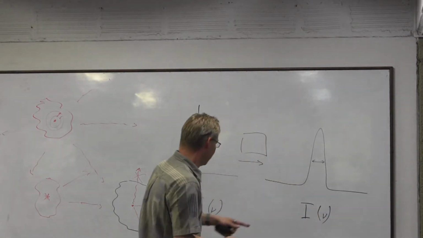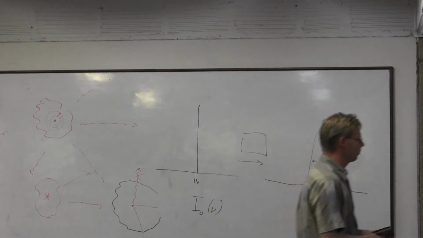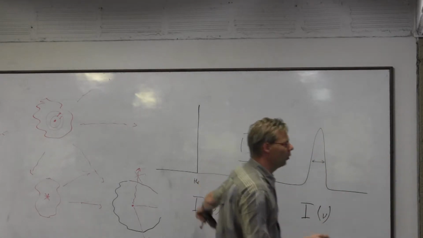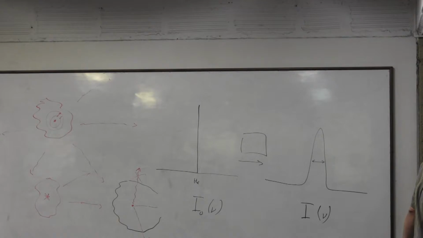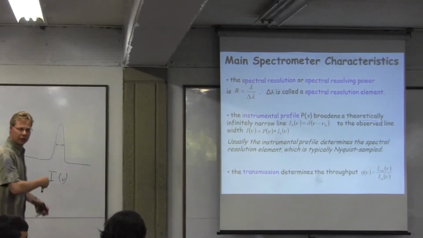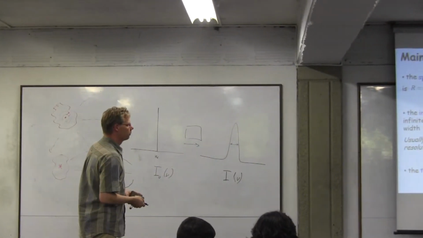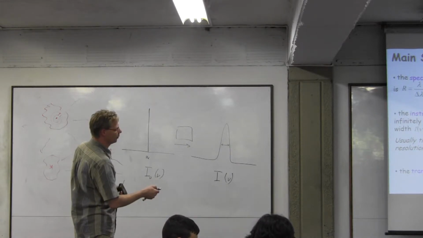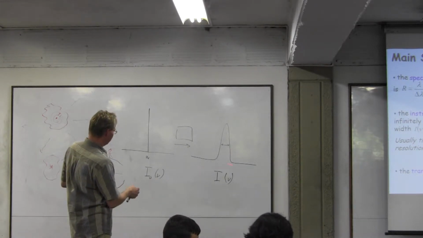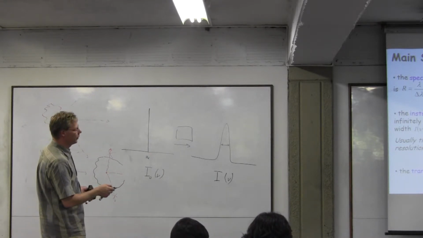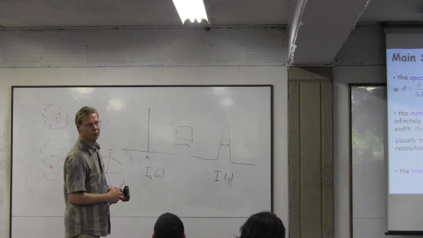And the observed one is simply a convolution of the intrinsic line shape, the initial one, convolved with the transmission of your spectrograph, so the line, the instrumental profile. So what you observe is the intrinsic line shape convolved with the instrumental profile of your spectrograph.